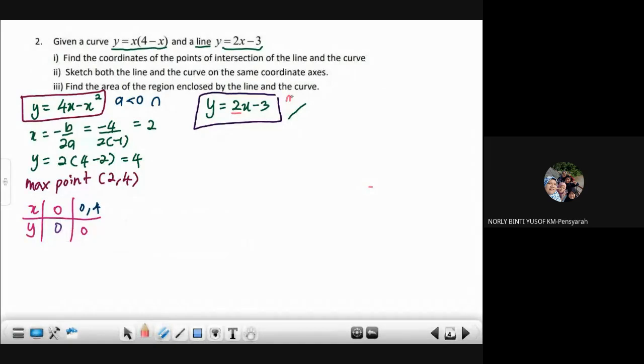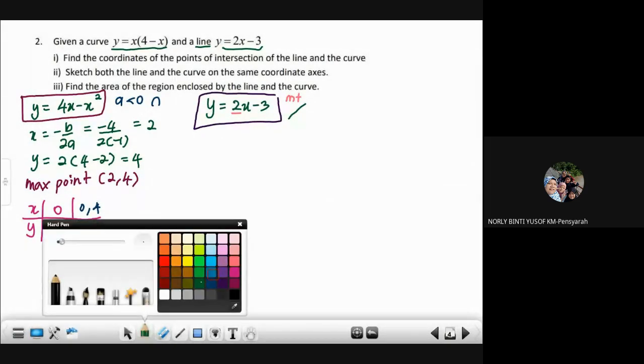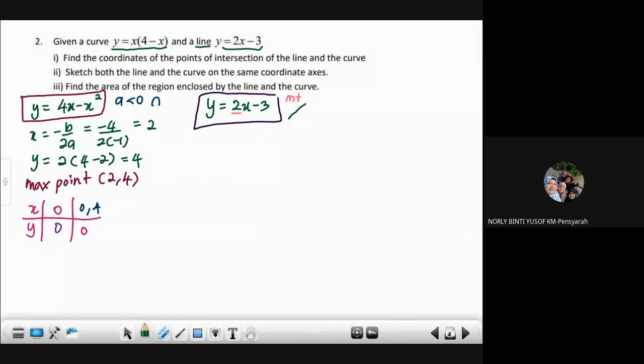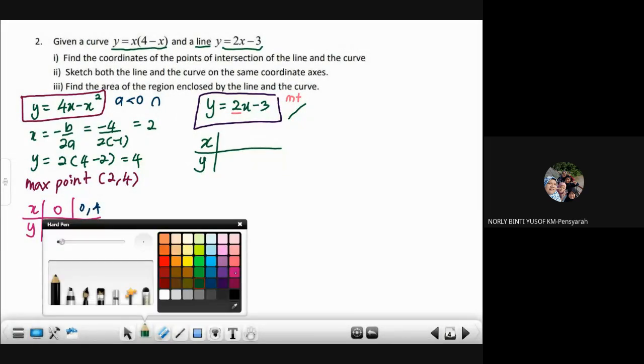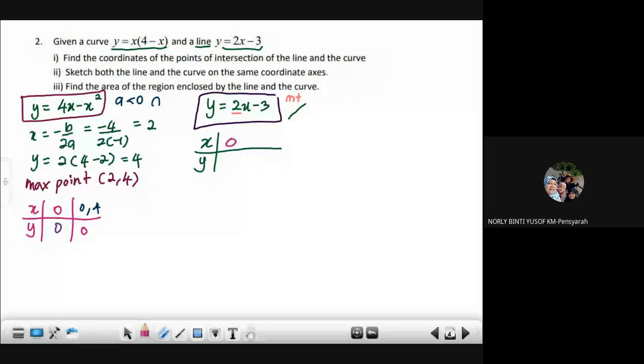Okay, lepas tu carilah intercept so that you can letak dekat you punya graph tu, sketch with the y and x intercept. Sama lah, walaupun straight line. Okay, kalau x kosong, negatif 3. That means your y intercept, by looking at y = mx + c.